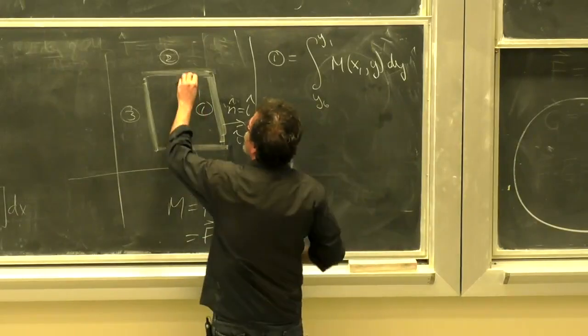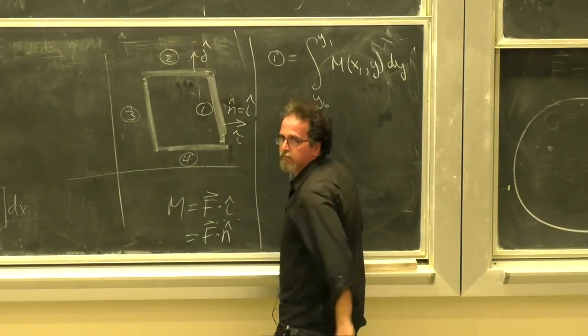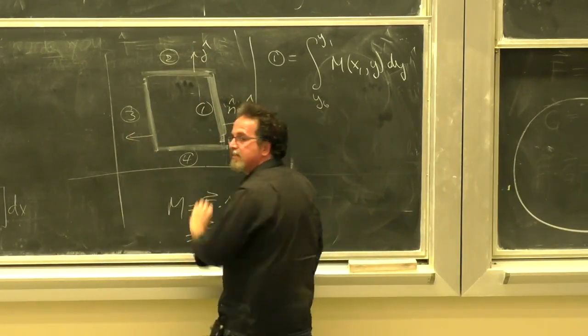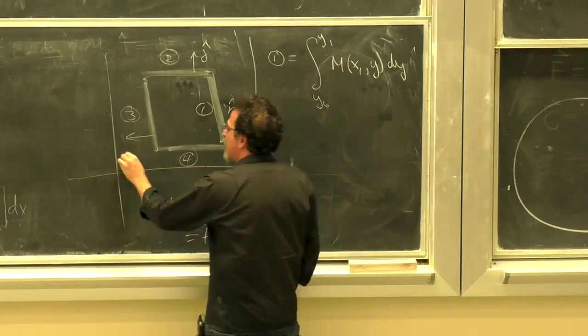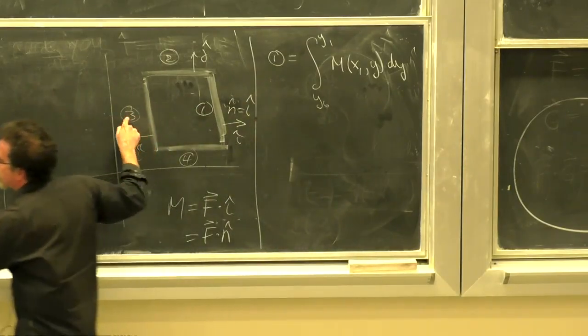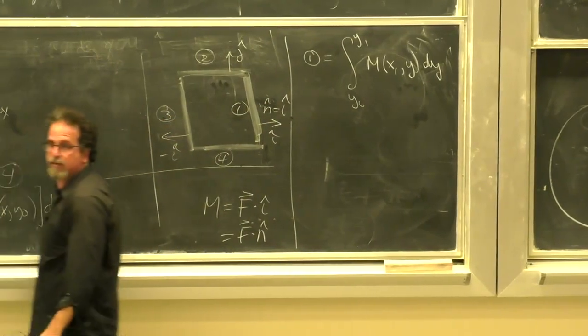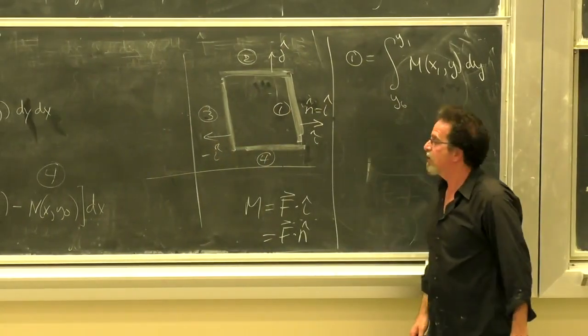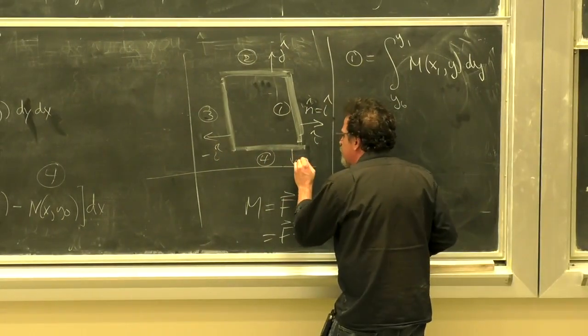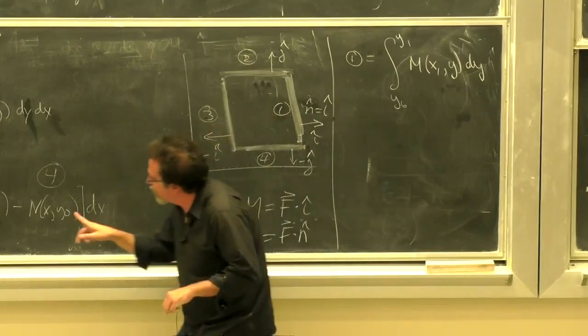The unit normal is j hat up here. The unit normal is negative i hat over here, which is going to account for that minus sign. And the unit normal over here is negative j hat, which is going to account for that minus sign.